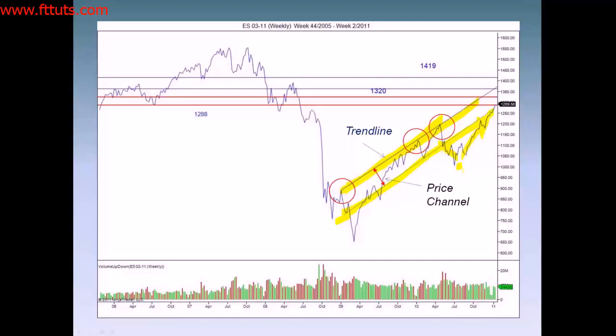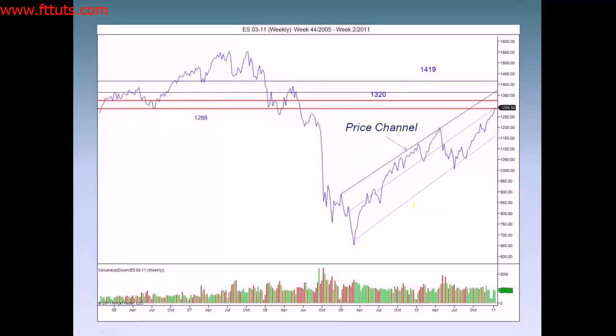Now, you notice that prices came out of this original channel, and in doing so, they actually created another bigger channel. So we have 3 lines, a lower, a middle, and a top line. And they give us a wider channel for price to move in.